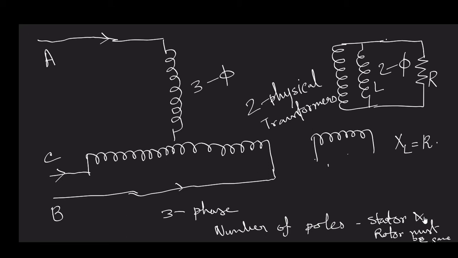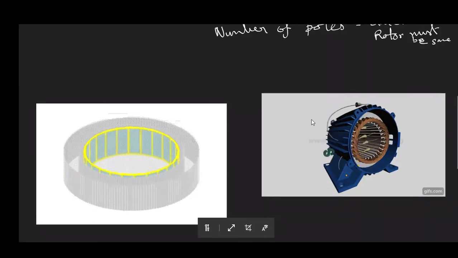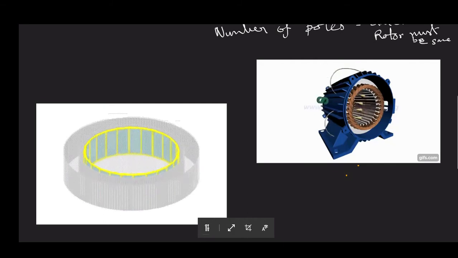You can easily understand it: the machine terminal produces a rotating magnetic field that rotates in space at synchronous speed, and when that field cuts the rotor structure, the rotor is made up of solid iron. Actually, all these animations I have taken to make it easier for you to understand. This is the rotating magnetic field.